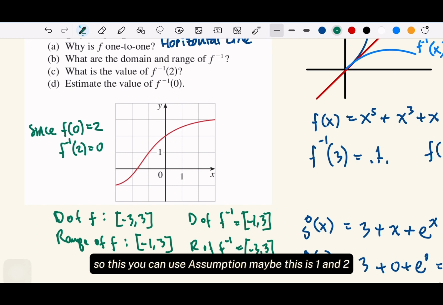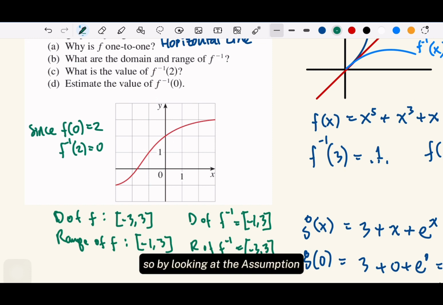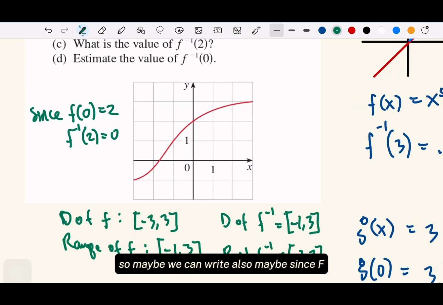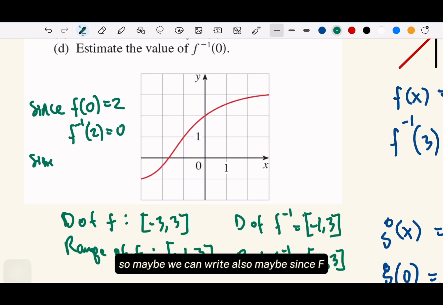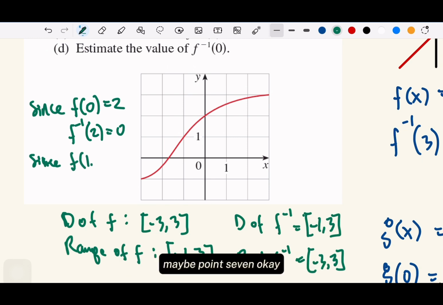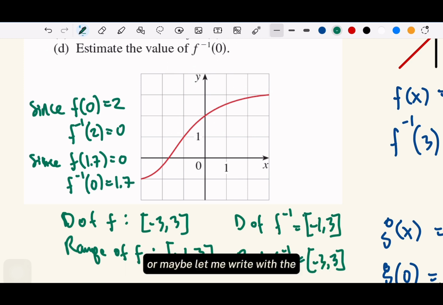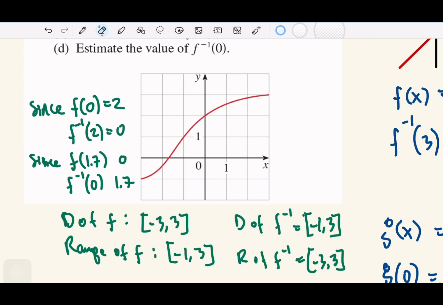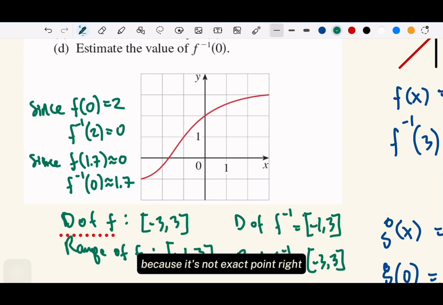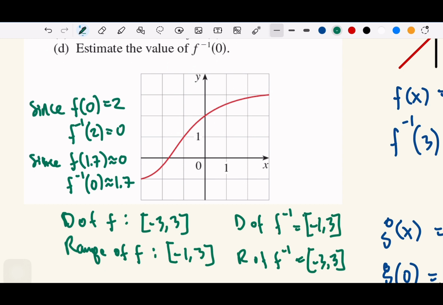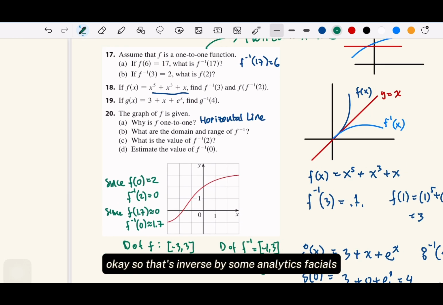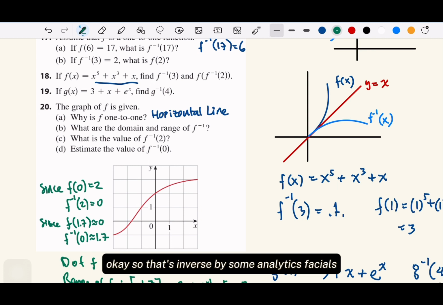Maybe this is 1 and 2, so it is closer to negative 2, maybe negative 1.8, 0.7 is okay. You can just say assumption. So since f of about 0.7 is equal to 0, f inverse of 0 is around that. Let me write it with an approximation like that, because it's not the exact point, right? Okay, so that's the inverse by some analytics and visuals. Okay, we have done inverse.